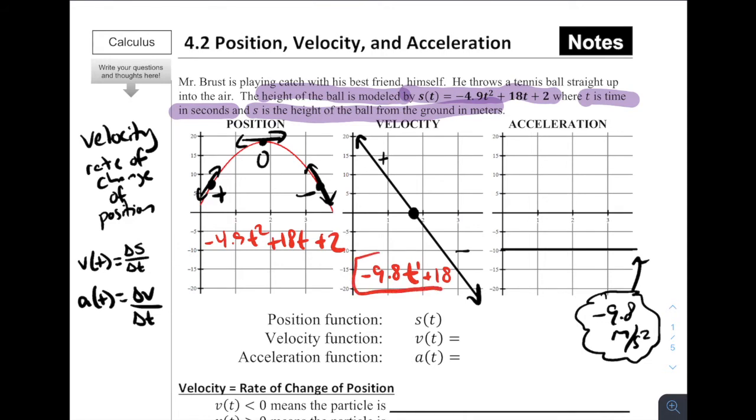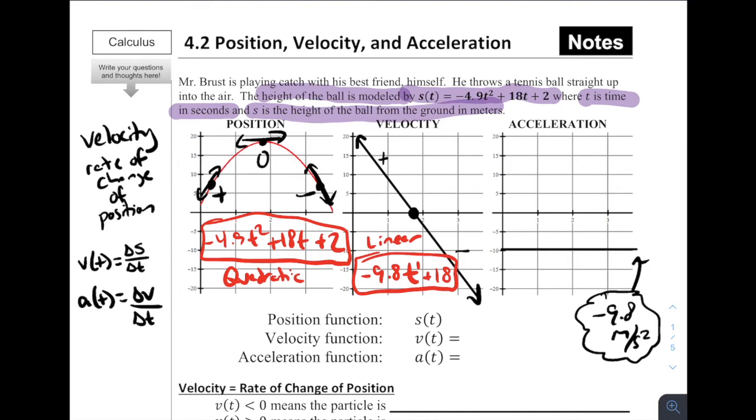This is a linear function, right? So we have a linear function. This was a quadratic function. It makes sense, thinking about the power rule, right? If I take one of those exponents away from that quadratic, when I take that derivative, then I'm going to be left with a linear function. Well, what happens if I take the derivative again to find the rate of change of the velocity, aka the acceleration? Well, the derivative of this linear function, negative 9.8t plus 18, well, the derivative of 18 is going to be 0.